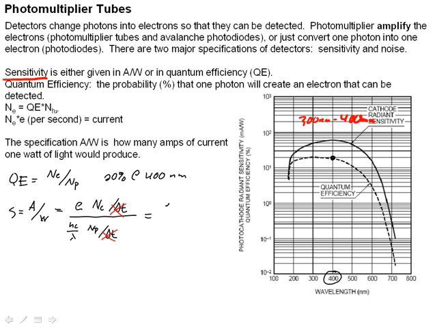So we've got e, and I've got a lambda on the top here because that's going to convert, I've got an hc, and then the number of electrons on the top and the number of photons on the bottom. Well, we see that's just equal to the quantum efficiency, so we can write our sensitivity in terms of amps per watt as being equal to e lambda over hc times the quantum efficiency.